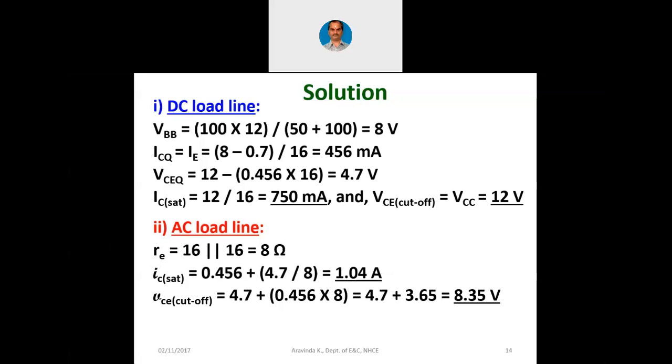But here in module 5, when the same symbol is utilized, it is not that particular re. It is the dynamic resistance at the emitter, which is capital RE parallel with capital RL. That is 16 ohms parallel with 16 ohms, that is 8 ohms. Please remember this. This is not our small re which we discussed in module 1.